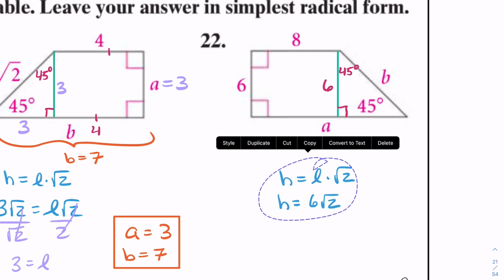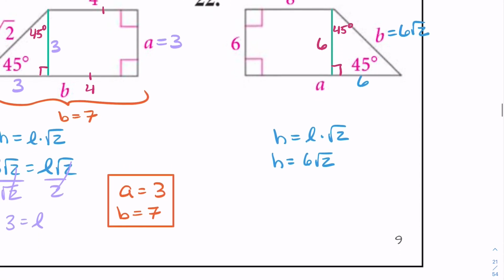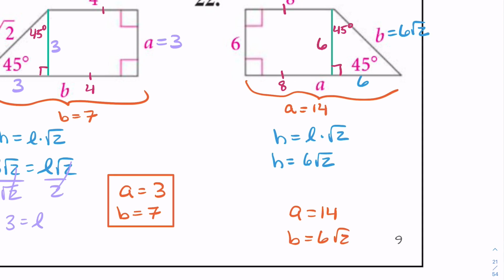In this case, this is 6 square roots of 2. This is 6, so we have a 6 and a 6 here. This is 8, 8 and 6. This has to be 8. 6 and 8 is 14. So A equals 14 and B equals 6 square roots of 2.